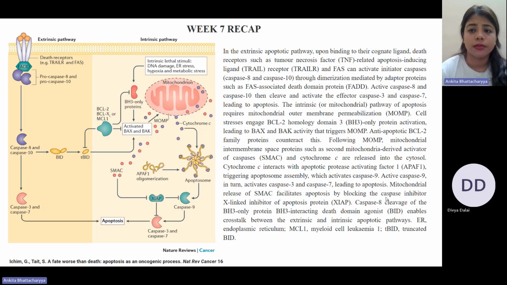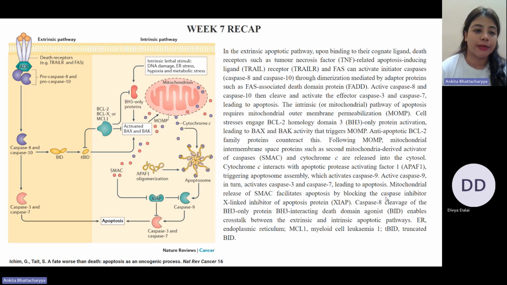It initiates a downstream cascade. So these extrinsic ligands come and bind to their cell surface death receptors, and upon their binding, they activate initiator caspases. Here it has been shown in blue.